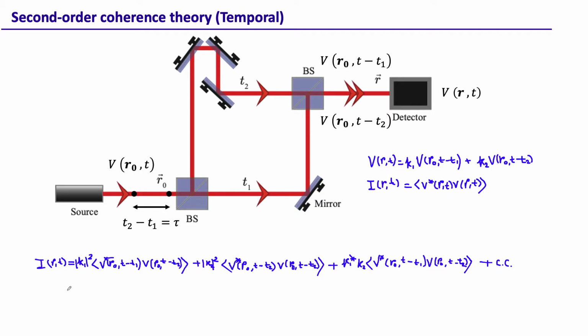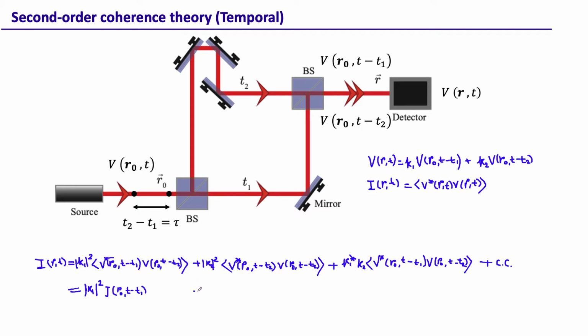So that's the intensity. Let's just rewrite it. This is just |k1|^2, and the quantity that we have here is essentially the intensity at R naught at t minus t1. So we can write it as the intensity at R naught at t minus t1.